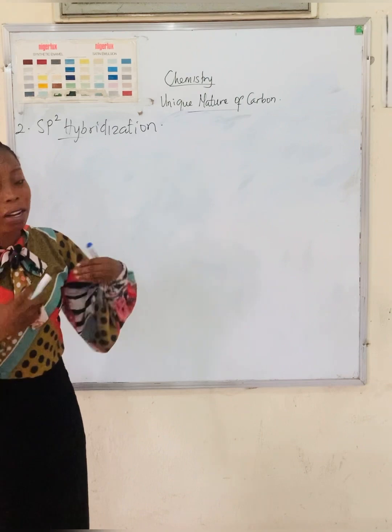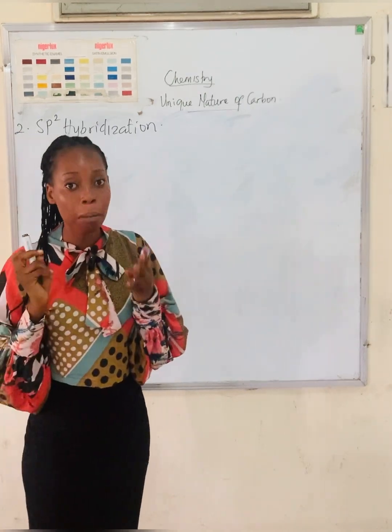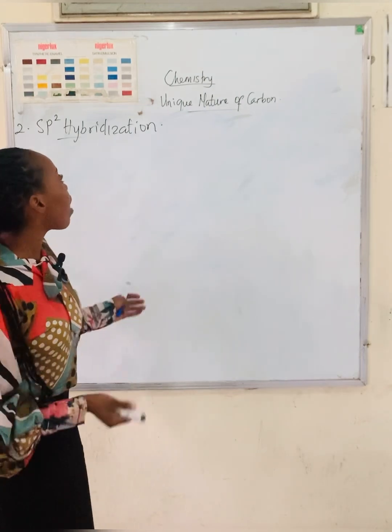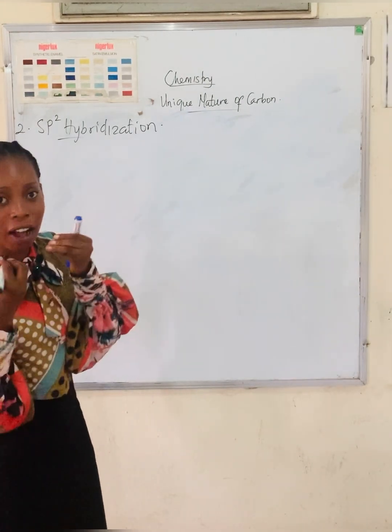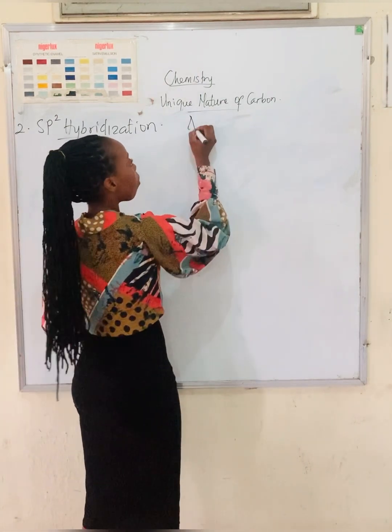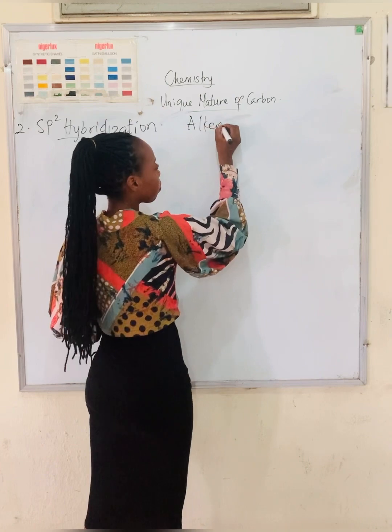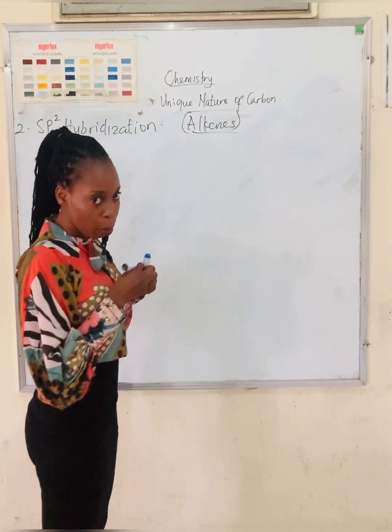I will explain it the same way I explained the first one and point out the key points to note. So the first thing I would say is that it is common in the family of carbon compounds known as alkenes. The ones with double bonds.